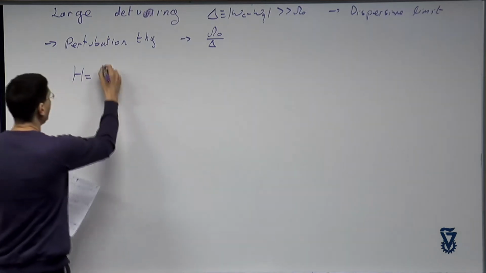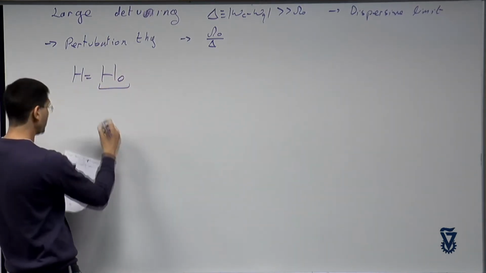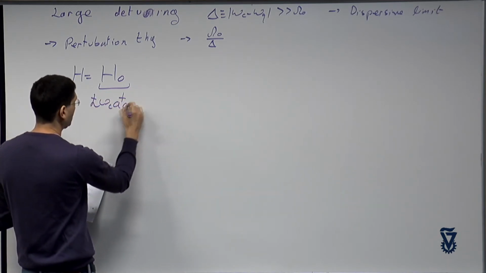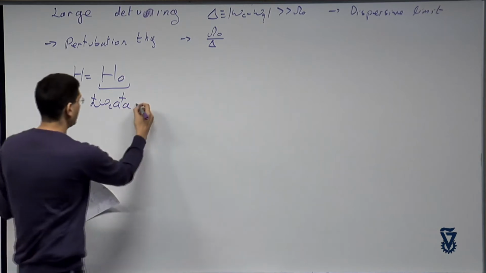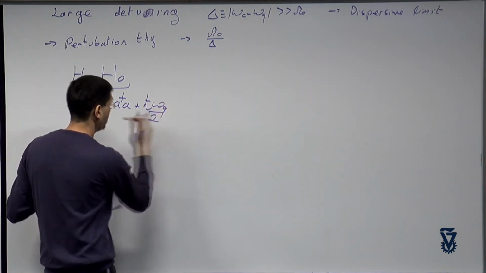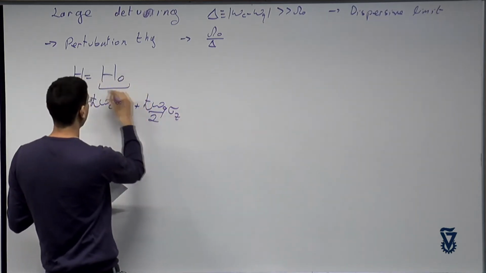H naught, the diagonal part, is h bar omega c a dagger a plus h bar omega q over 2 sigma z.